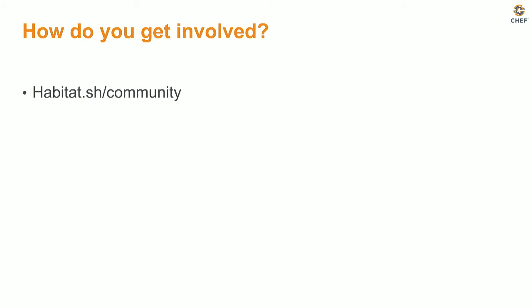Habitat focuses on the application itself and how you deploy it, and we don't focus as much on what the application is running on. Rather, we make it agnostic, so wherever it's running, it runs the same way. So that's a large overview of how Habitat is different from Chef. But in summary, with Chef, the infrastructure is focused as the source of automation. In Habitat, we focus on the application itself.